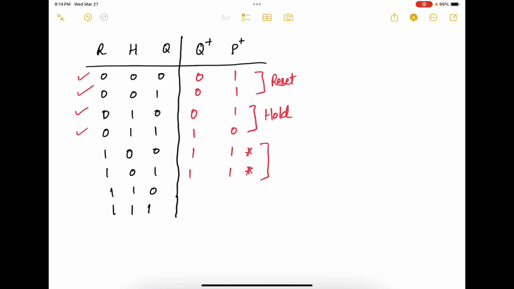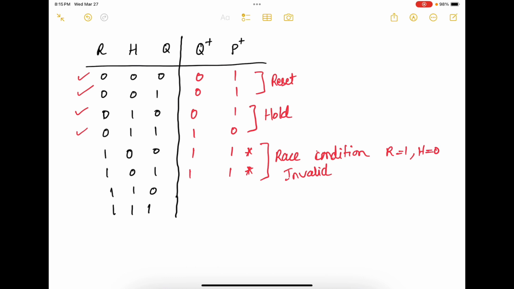Now this is similar to the SR latch where the inputs S and R are not allowed to be 1. In this case, R cannot be equal to 1 while H is 0, because this is a race condition. The race condition occurs when R equals 1 and H equals 0, similar to the invalid state in the SR latch. Let's look at the last two combinations.